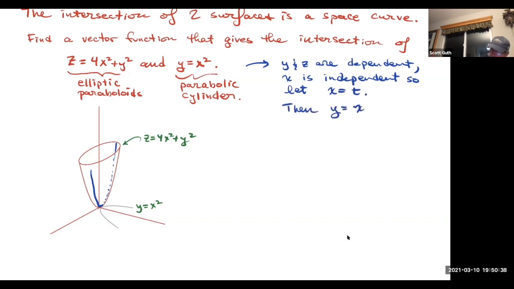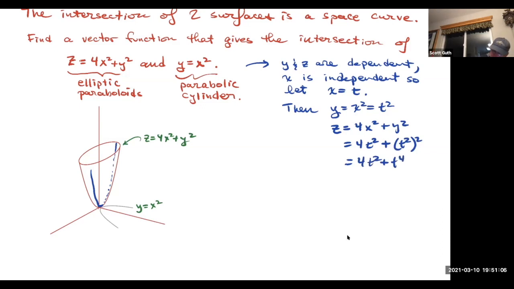Which is t squared, right? Y is x squared, but that would be t squared. And then z is 4x squared plus y squared, but this would be 4t squared plus t squared squared. So that's 4t squared plus t to the fourth.